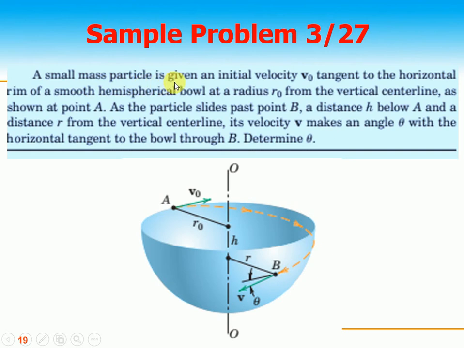A small mass particle is given an initial velocity v0 tangent to the horizontal.